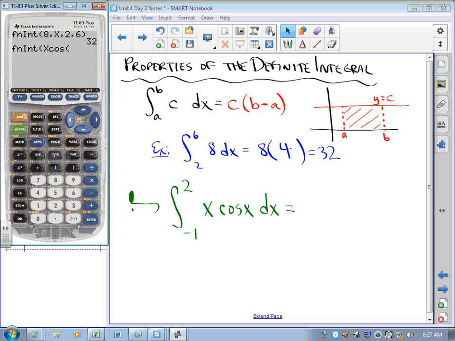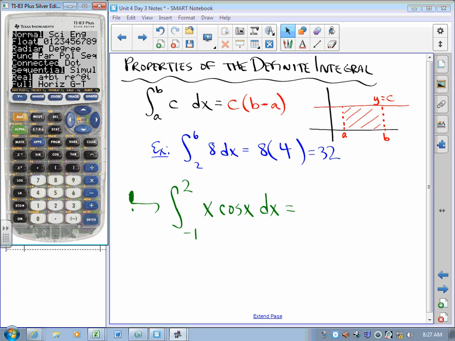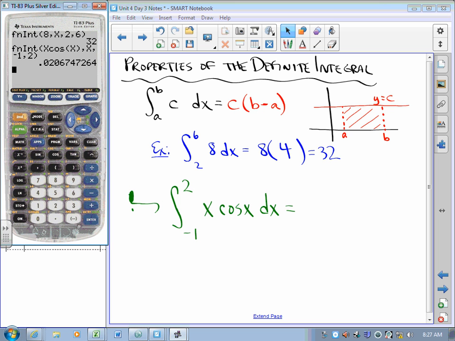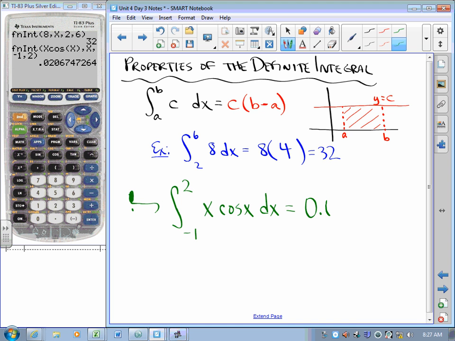I type x cosine x, comma x, comma -1, comma 2, and the calculator gives it to me. Because I'm in an AP course, I round to 3 decimal places, or I truncate. 0.020 would also be fine.